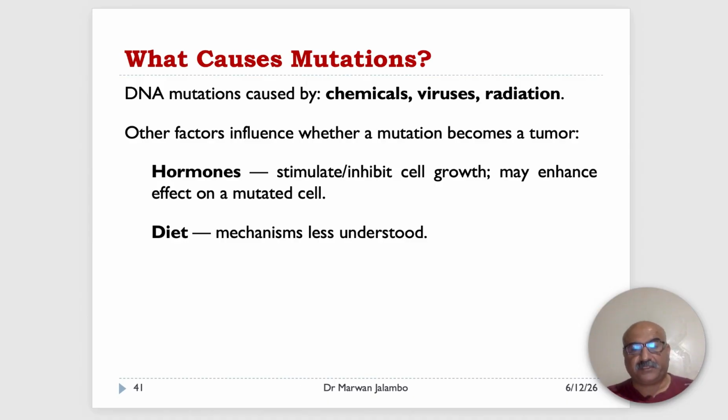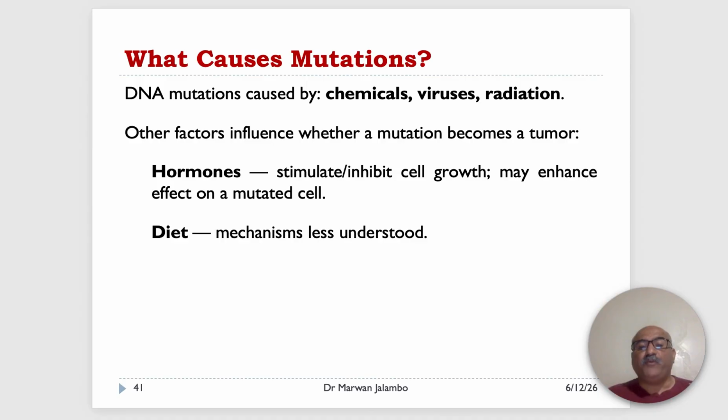Other factors decide whether a mutation actually becomes a tumor. Hormones, for instance, normally regulate cell growth, but they can supercharge a mutated cell. And diet plays a role too, though the mechanisms are murkier.